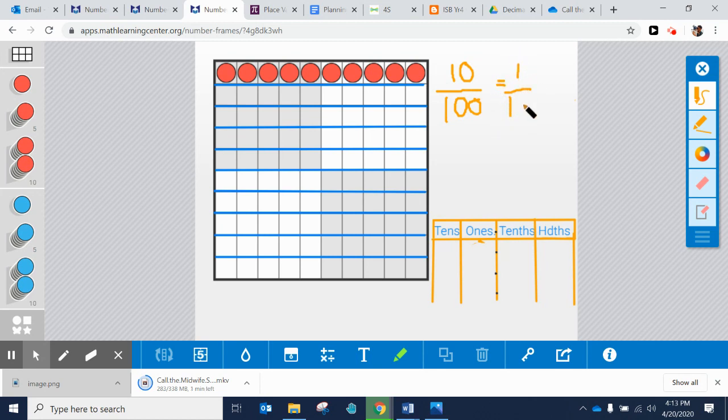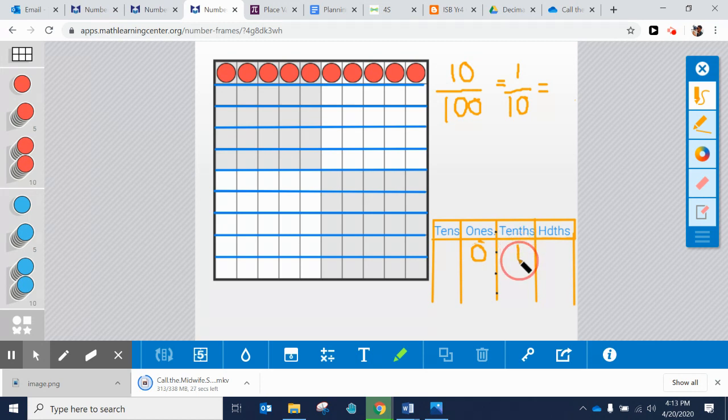Now, if I wanted to turn that into a decimal, it's actually very simple. I don't have any tens and I don't have any ones because this is not covered in. Now, I could put a 0 in the tens, but I already know there's no tens because I've already put a 0 here, so it doesn't matter. I don't need to put anything in the tens column. You can if you want to, and it won't be wrong, but there's no need. And then you can see we've got 1 whole tenth.